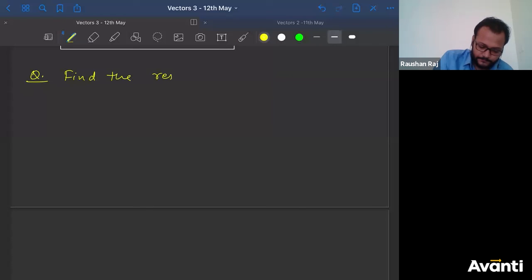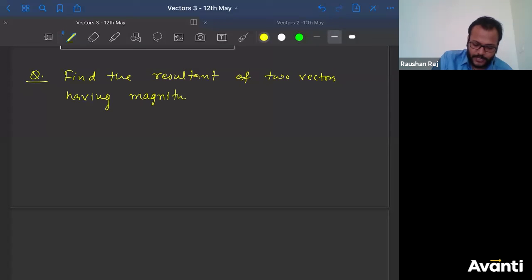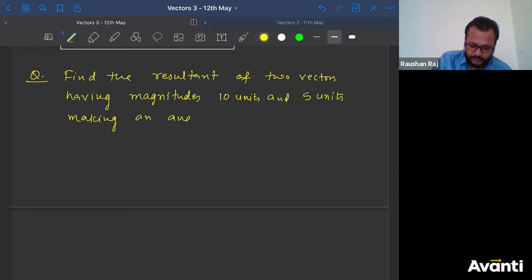Find the resultant of two vectors having magnitudes 10 units and 5 units, making an angle of 120 degree with each other.